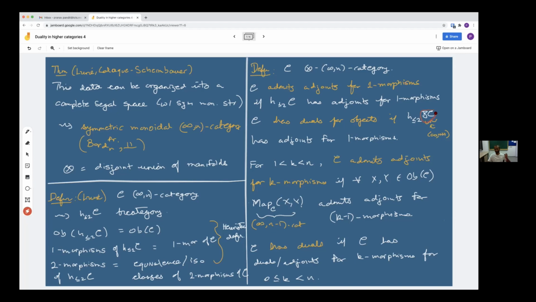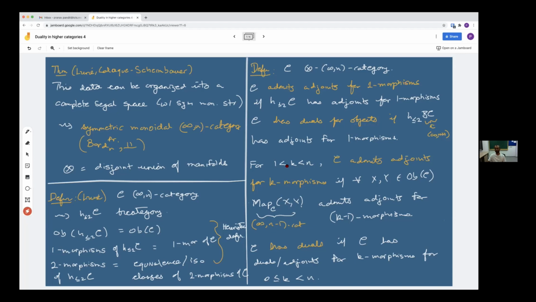BC is a category with one object, and the morphisms from the object to itself are C itself, and composition is given by tensor product. So this BC is now an infinity (n+1)-category, and its homotopy 2-category should have adjoints for one-morphisms. Recall that one-morphisms in BC are objects of C.